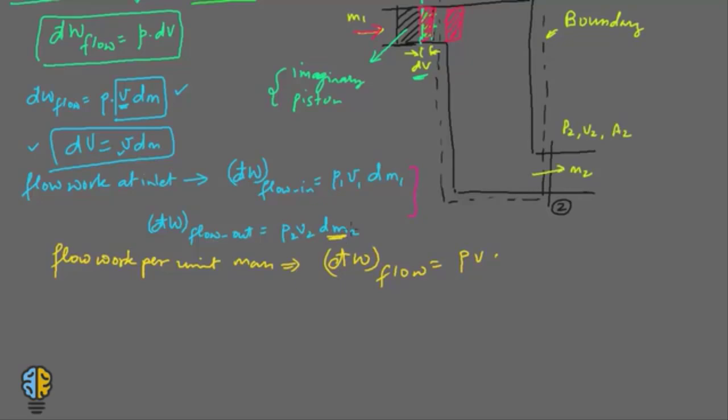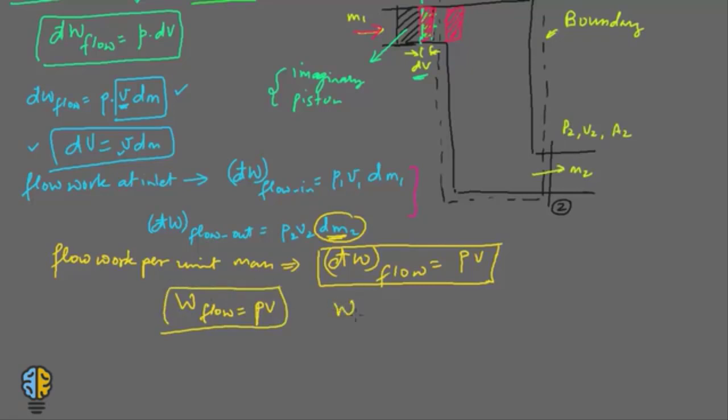That's it, because this mass would become 1 and the value would become just PV. So flow work is equal to PV, and displacement work is equal to PdV. So this is the difference in formulas of flow work and displacement work.